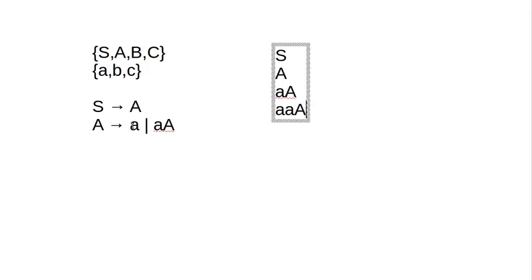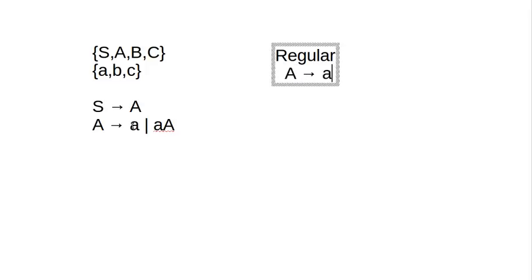So back to the Chomsky hierarchy. This grammar is a member of the simplest set of Chomsky grammars called the regular grammars. In the regular grammars, the rules need to have the form of either a non-terminal goes to a terminal, I guess technically I broke the simplest rule for this, or a non-terminal goes to a terminal followed by a non-terminal.